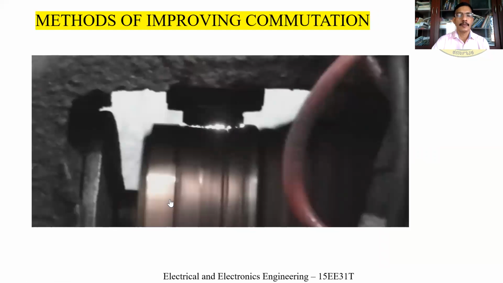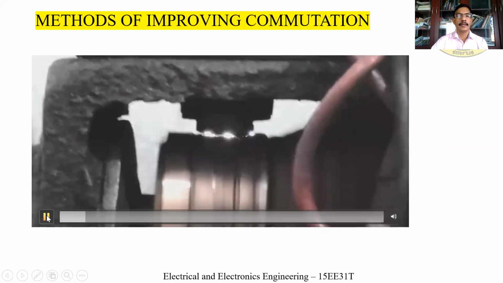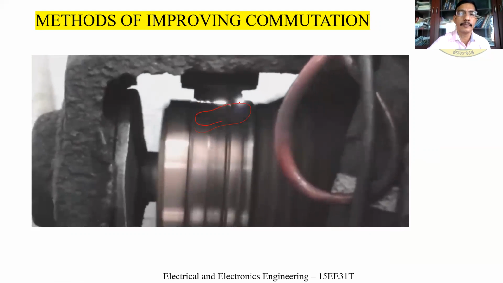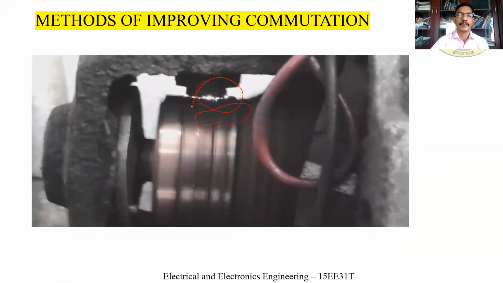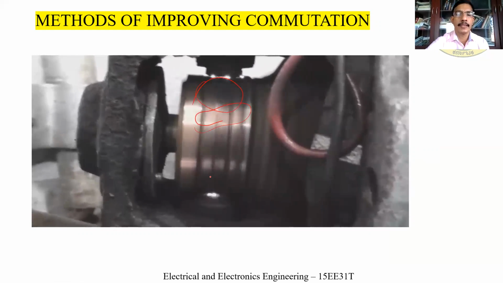In this video, you can see how spark is generated in the machine. In this area, you can see the sparks here. This is the commutator segment, brushes. Here also you can see.